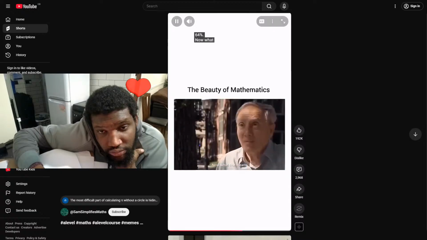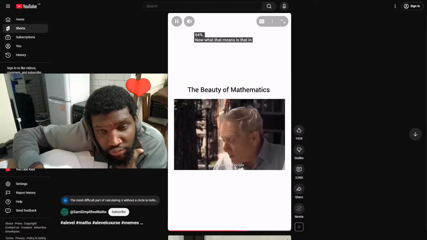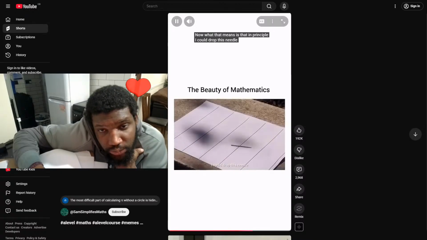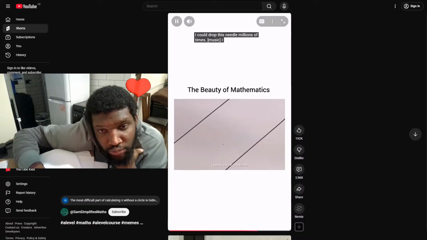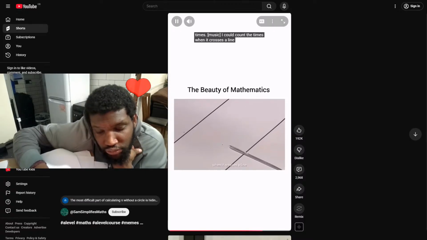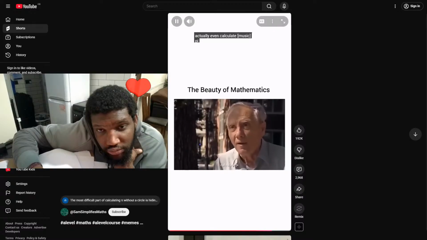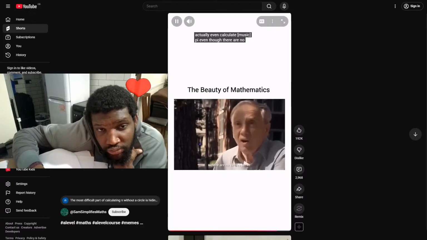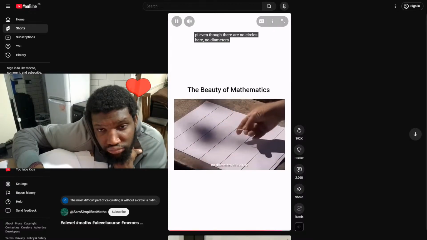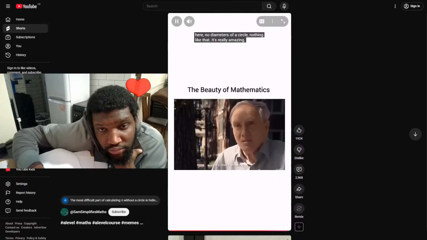Now, what that means is that in principle, I could drop this needle millions of times. I could count the times when it crosses a line and when it doesn't. And I could actually even calculate pi, even though there are no circles here, no diameters of a circle, nothing like that. It's really amazing.